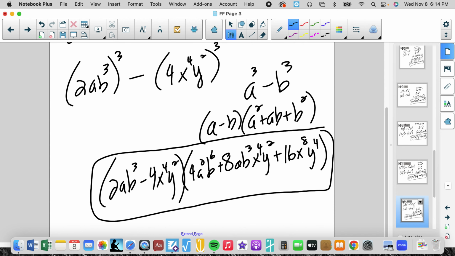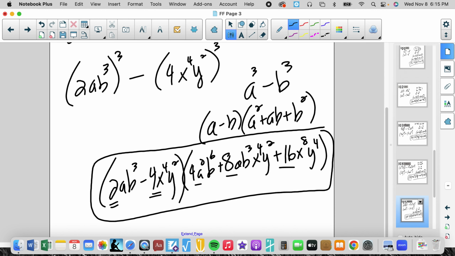Oh, I made a mistake on the other one. Oh, shoot. Okay. Well, I did make a mistake because there is a common coefficient.